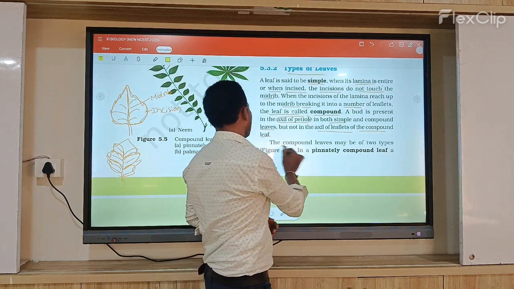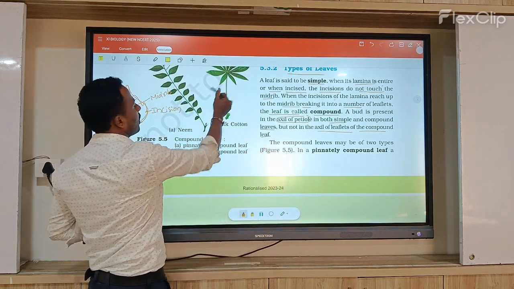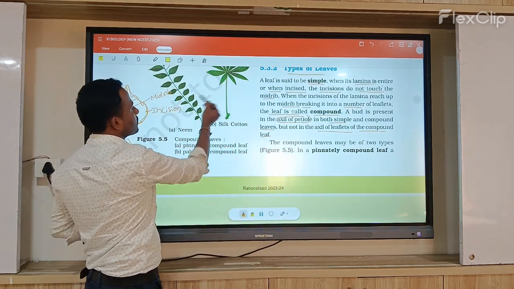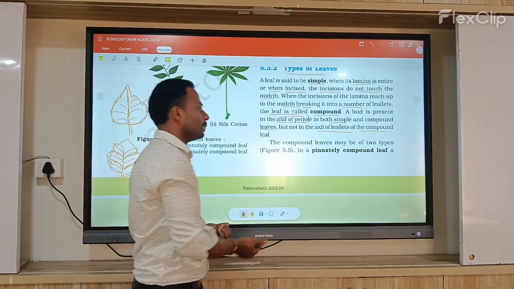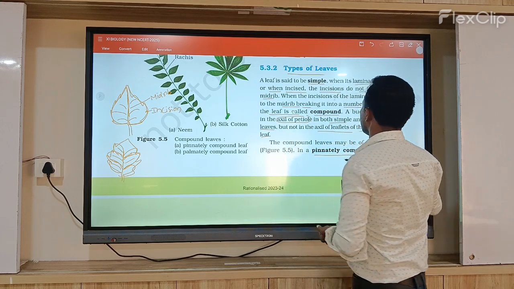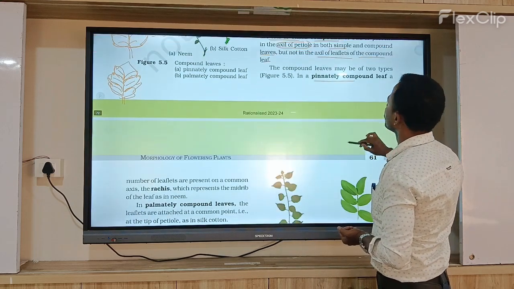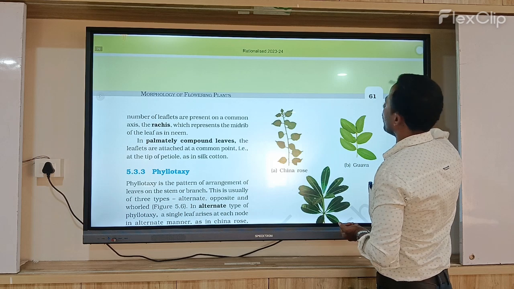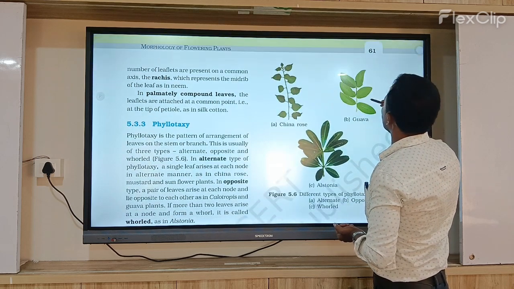Now this compound leaf is basically of two types. One is the pinnately compound leaf and the second is the palmately compound leaf. First we talk about the pinnately compound leaf.